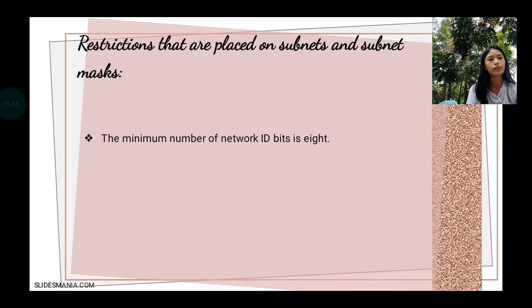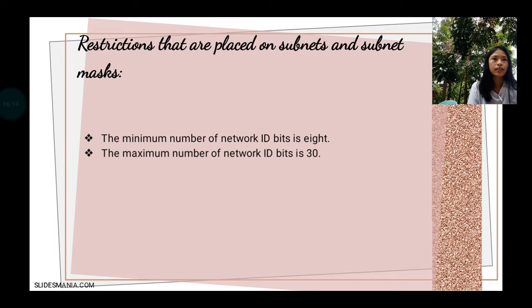Since the minimum number of network ID bits is 8, if we convert the 8 bits into dotted decimal notation, it would be 255. Next, the maximum number of network ID bits is 30. Why? Because you have to leave at least 2 bits for the host ID portion of the address to allow for at least 2 hosts.